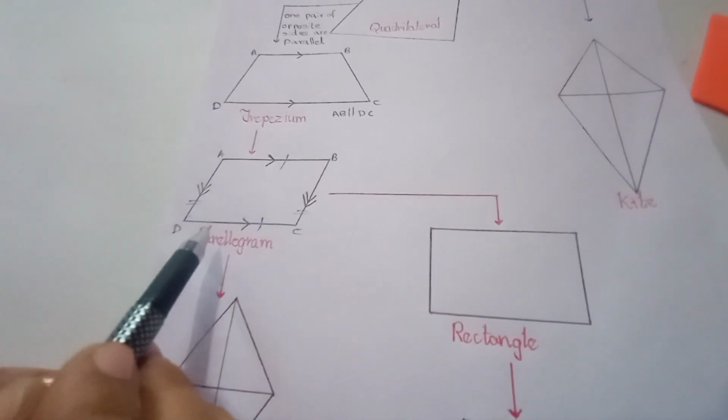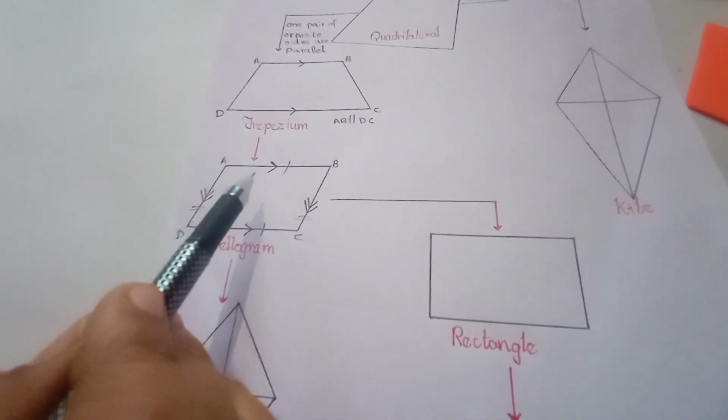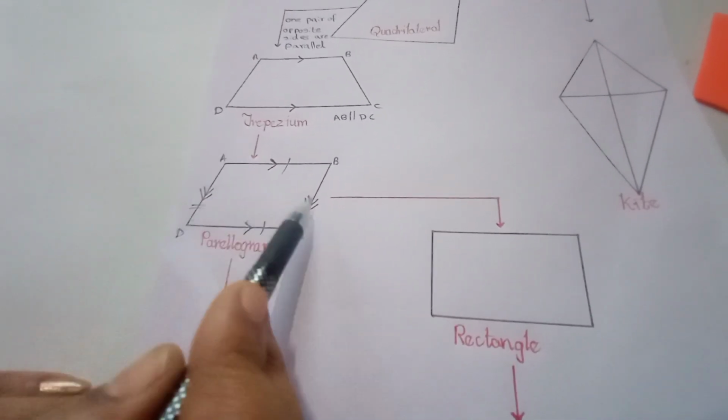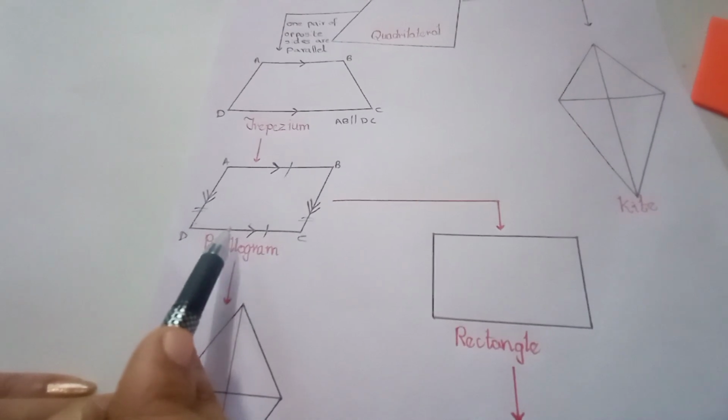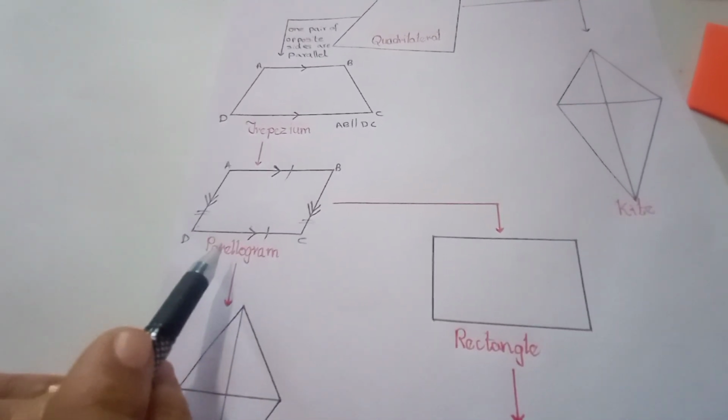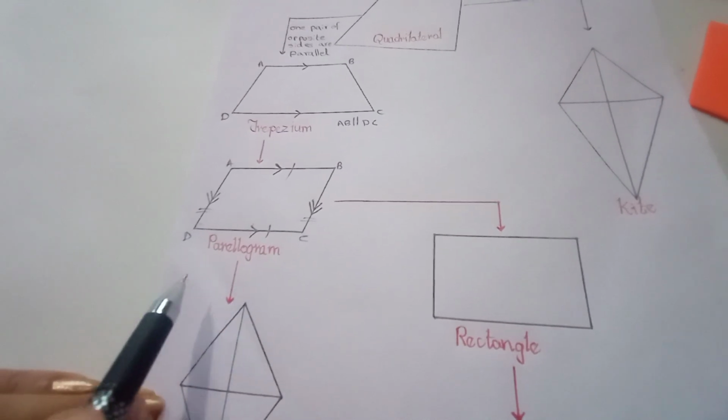So in a parallelogram, both pairs of opposite sides are parallel and equal. Then they call it a parallelogram.